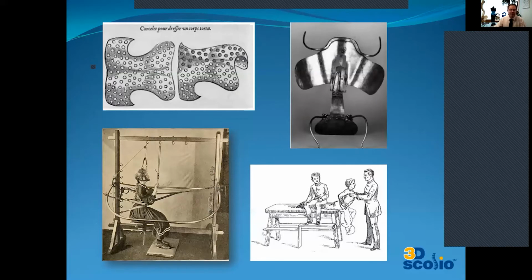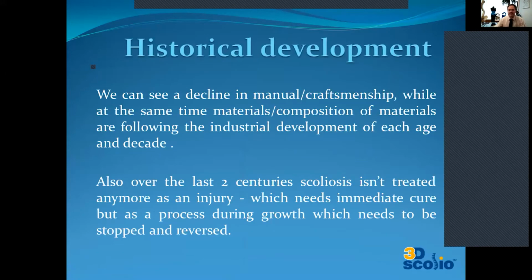What you might now hopefully see are some pictures of old techniques for correcting the spine. So what you see is, for example, this elongation. What you see is a redressing. What you see are examples of compressing and stabilizing a body which was losing its anatomic physiologic shape. What we see over the years, over the centuries actually, is a decrease in manual craftsmanship, that less and less materials were used to make a construction, typically accompanied by the materials which were developed during those ages.